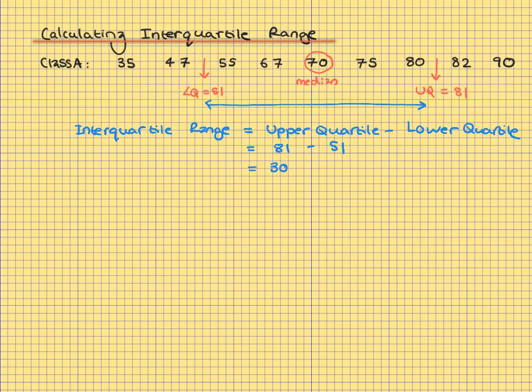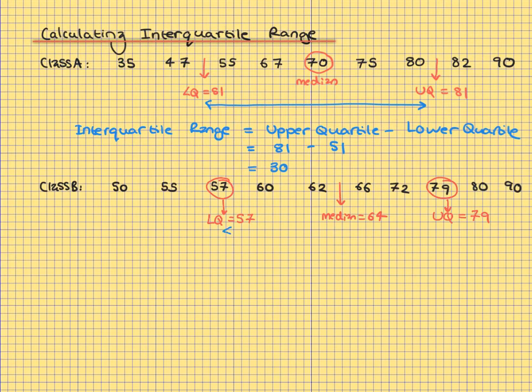So we're going to now calculate the interquartile range for class B. So here's the data replicated again for class B. Now remember, the interquartile range is the difference between the upper quartile and the lower quartile. So we can work out for class B, the interquartile range is 79 subtract 57, which comes to a value of 22.